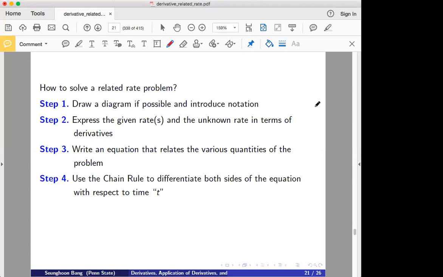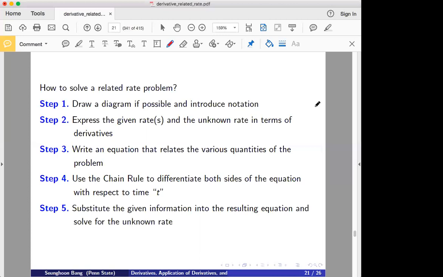Step 4, use the chain rule to differentiate both sides of the equation with respect to time t. Step 5, substitute the given information into the resulting equation and solve for the unknown rate. Okay, this is the whole idea for solving related rate problems. We always follow 5 steps.